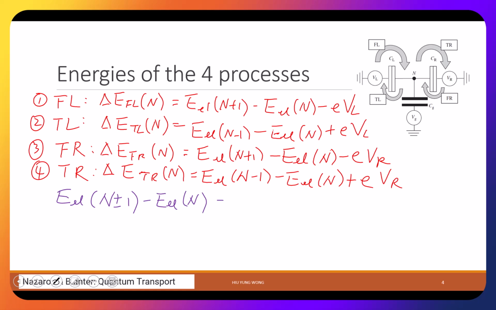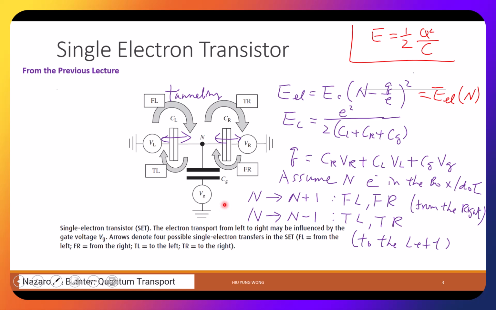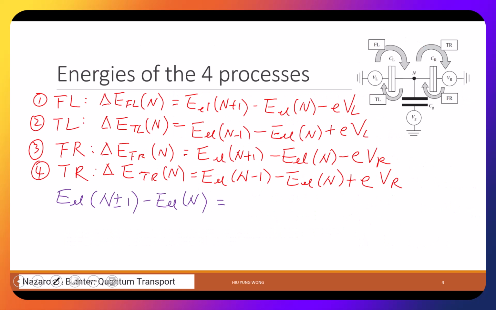So if I just go into the equation, what is this? It's just EC times (N minus Q over E) squared, right? So this equals, they have the common term, which is EC, and then I have (N plus or minus 1 minus Q over E), the whole thing squared, and then minus (N minus Q over E), the whole thing squared, right?